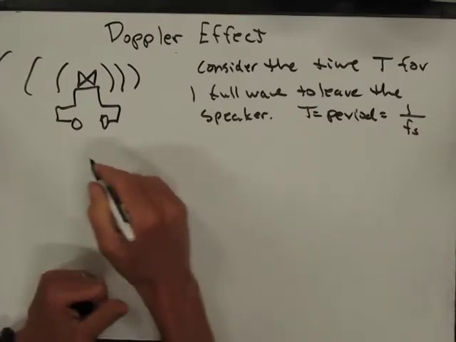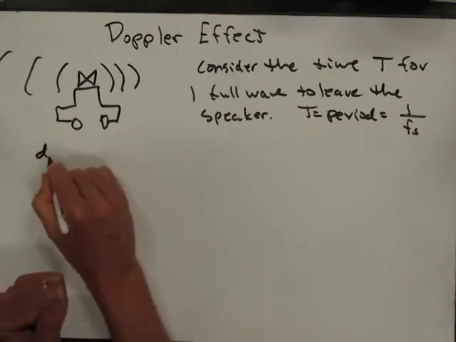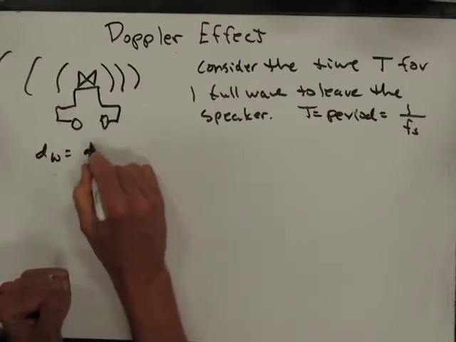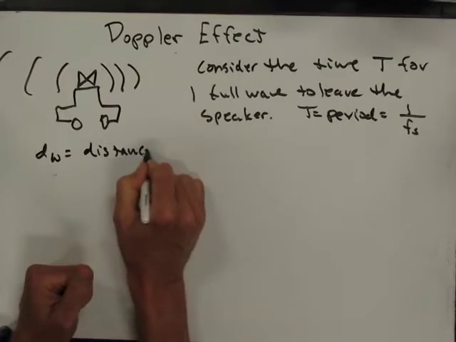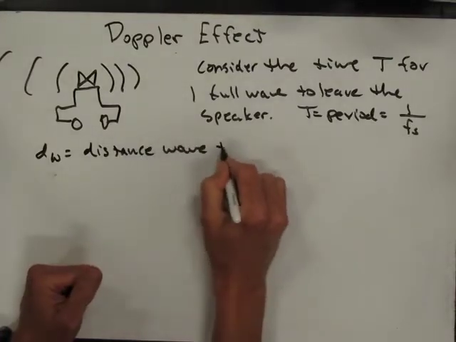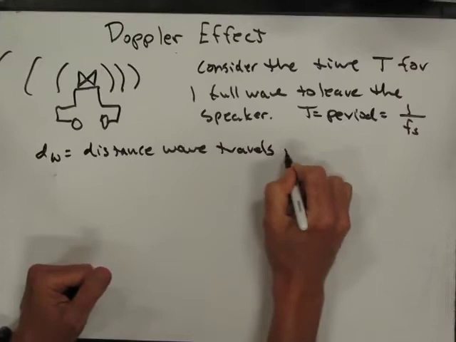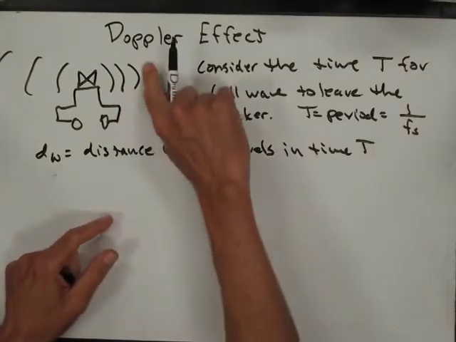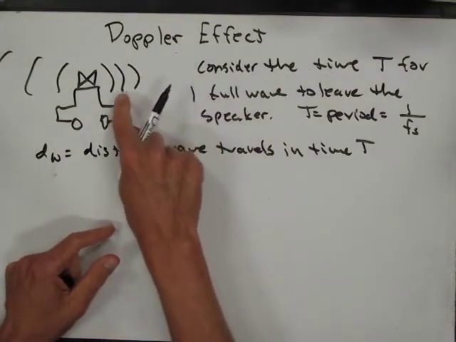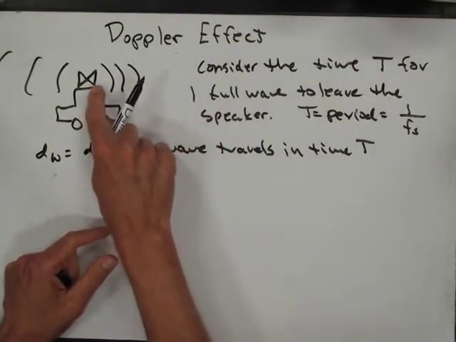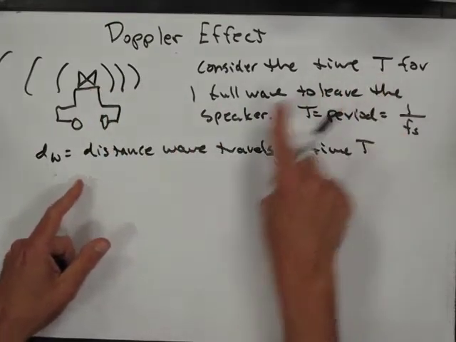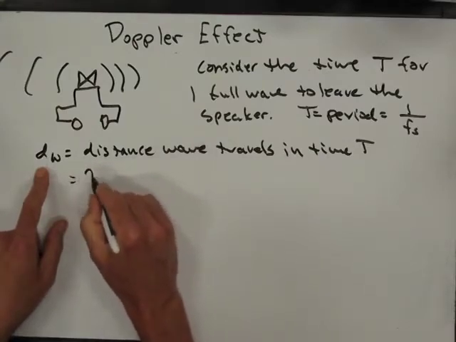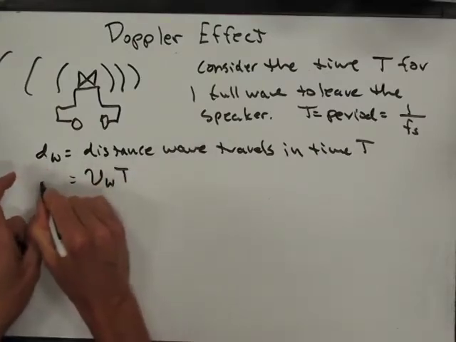And so d_w. So this wave leaves the source, so these lines represent the peaks, and so we can just look at this peak and say the distance it travels in one cycle is just d_w. It's the distance the wave travels in time t, and that's equal to the velocity of the wave times the period.